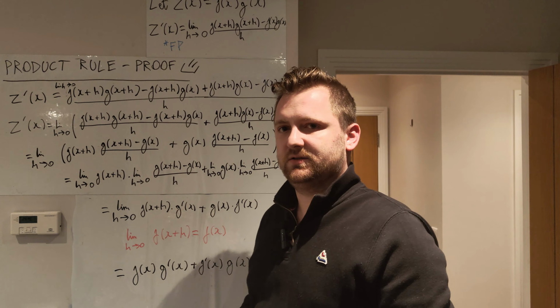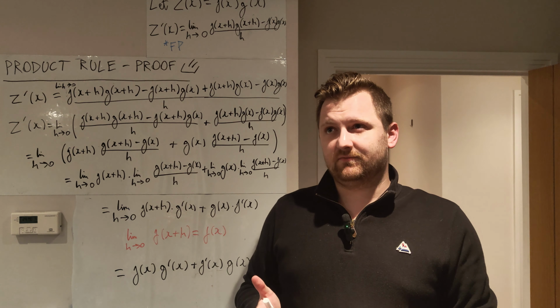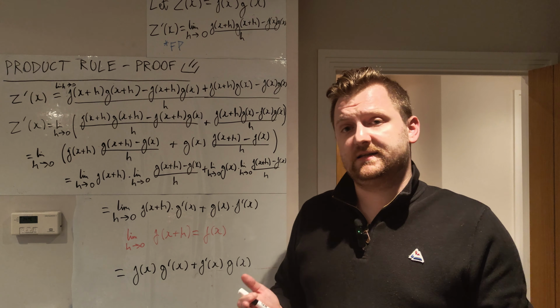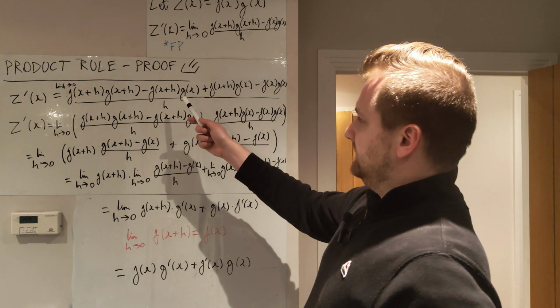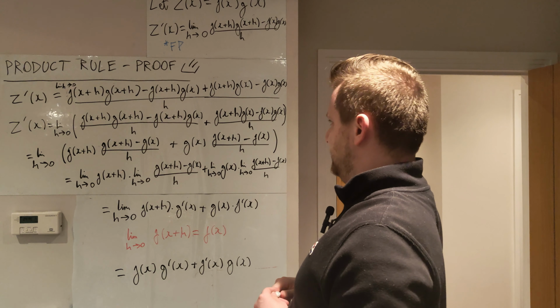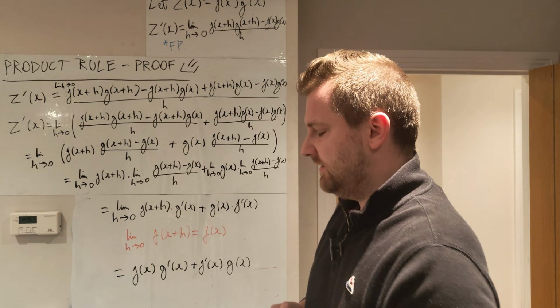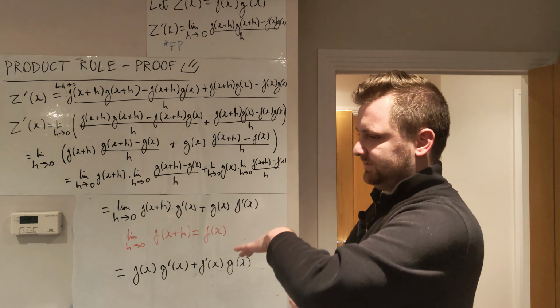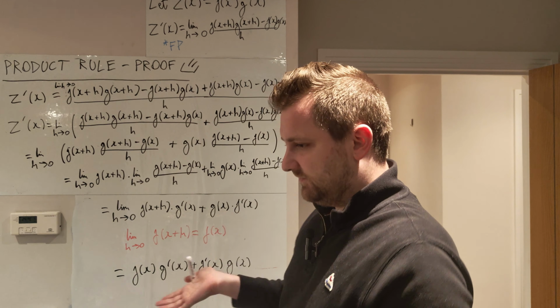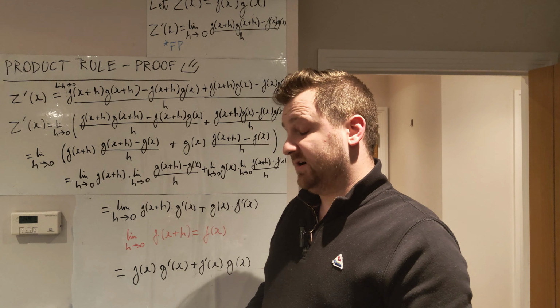Let's say you took an equation and you added 7 and subtracted 7. It's still the same value, but we've just written it in a different way. So in this example, we've added minus f of x plus h times g of x plus f of x plus h times g of x, because that's going to lead us to simplifying and completing this proof. I don't know who came up with that.